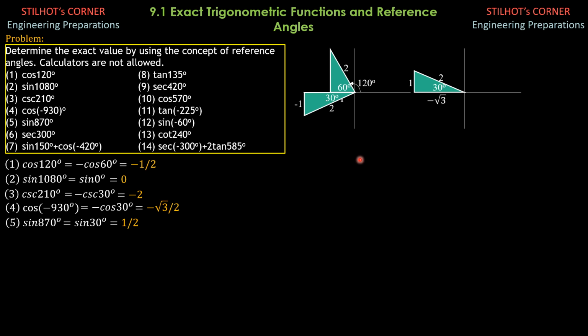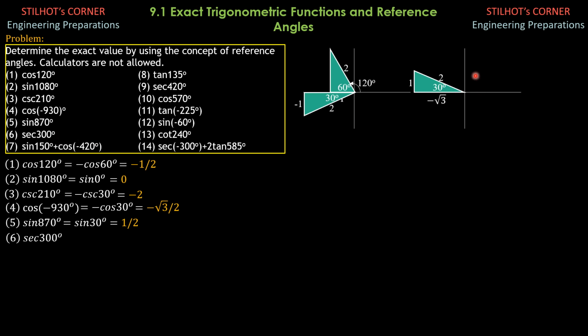So later on, you are not obliged to this equivalent way, but you just make the triangle, put it in the quadrant where it belongs, then you can analyze the exact values of the function.